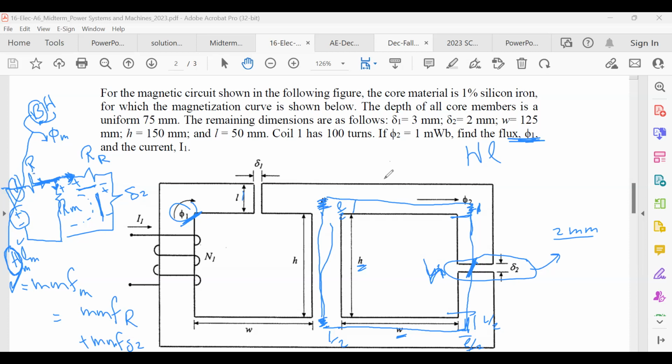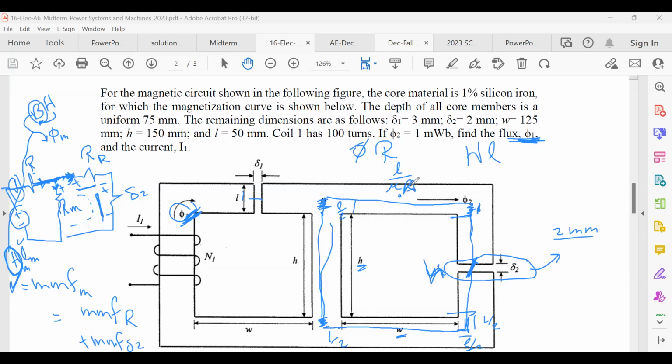For the air gap, again, it's phi, the flux that we added the two of them, the resultant, or phi1, times the reluctance of the air gap, which you can calculate as L over mu A. Mu naught, of course.